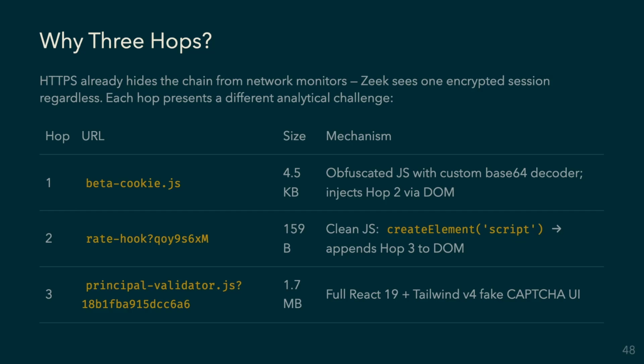So why React and Tailwind? Because it looks legitimate, meaning it can make your CAPTCHA page look legitimate. You got spinning icons, professional colors, responsive layouts, and the user thinks, oh, this is standard CAPTCHA. But the button doesn't work. It displays instructions instead.